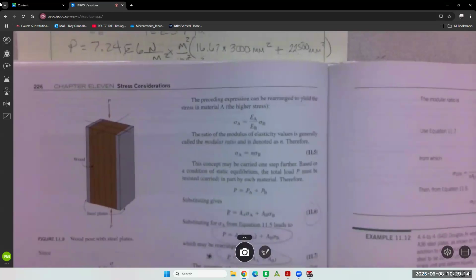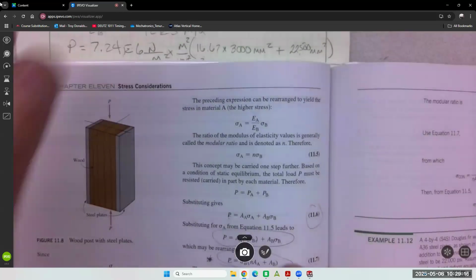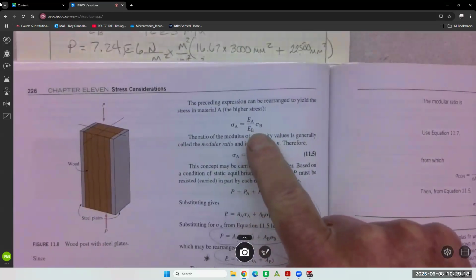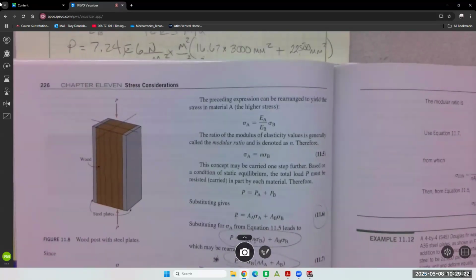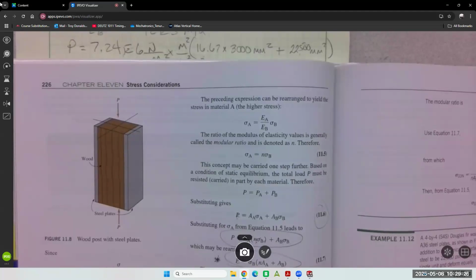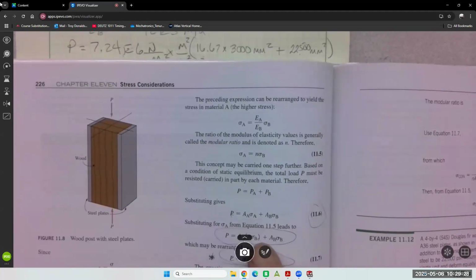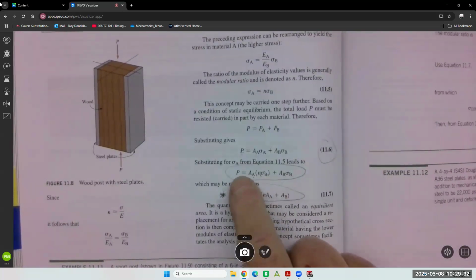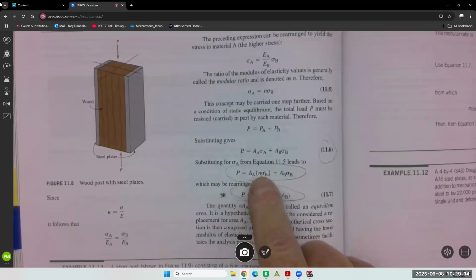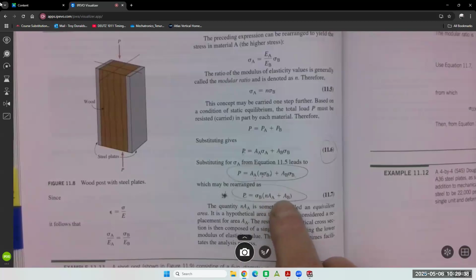So what I did is, 8,000 equals the area of steel times sigma of steel plus area of copper times sigma of copper. And I used the other equation and solved for the sigma of steel.